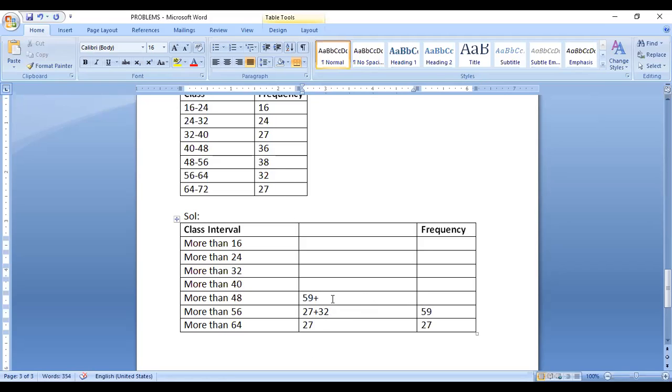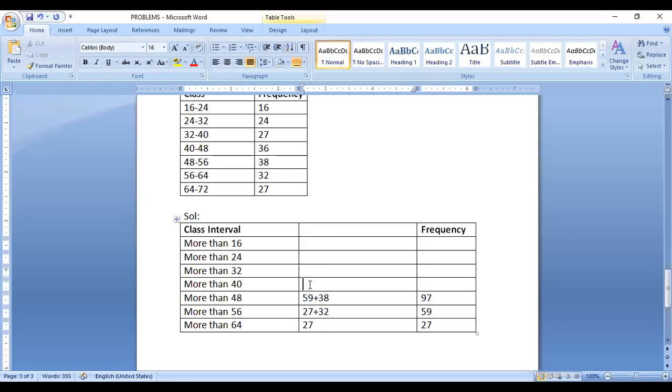In the next class, 48 to 56, 38 are there. So 59 plus 38 will be 97.